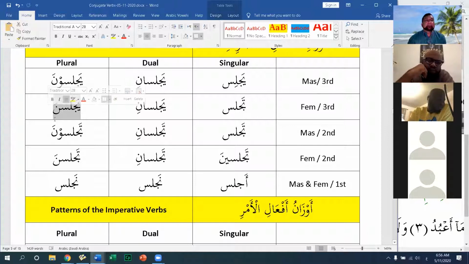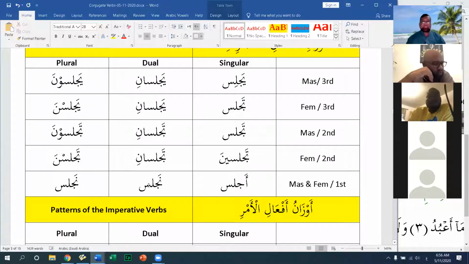Hunna yajlisna. That is correct. And then antum tajlisuna. Antunna tajlisna. And nahnu najlisu is the same as before.